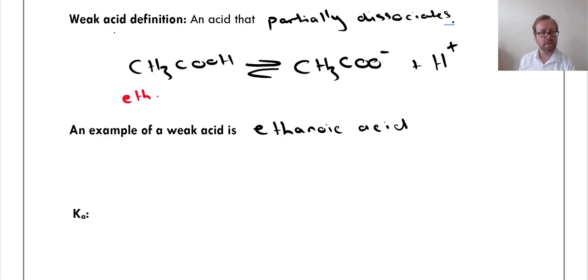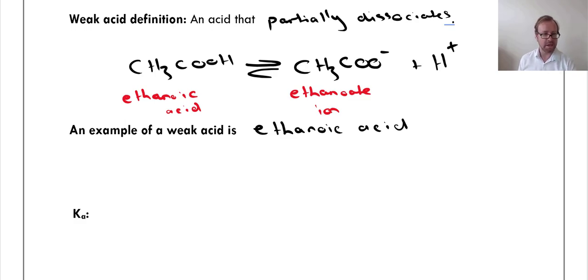Ethanoic acid produces the ethanoate ion and obviously the H+. Okay, so we can work out a K expression. My Ka expression is the concentration of my products over the concentration of my reactants.